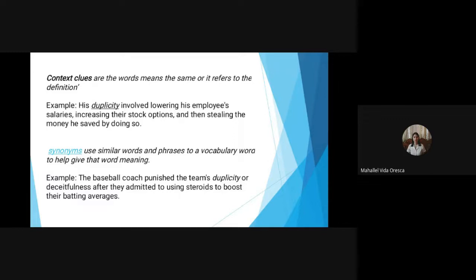And the synonyms for context clue is use similar words and phrases to vocabulary word to help give the word meaning. For example, the baseball coach punished the team's duplicity or deceitfulness after admitting to use steroids to boost their batting batting average.